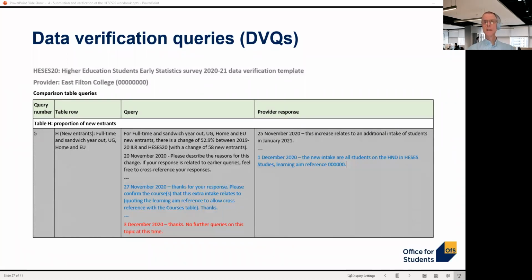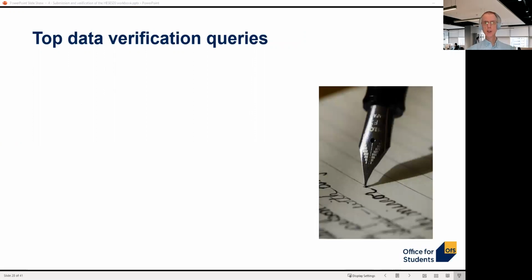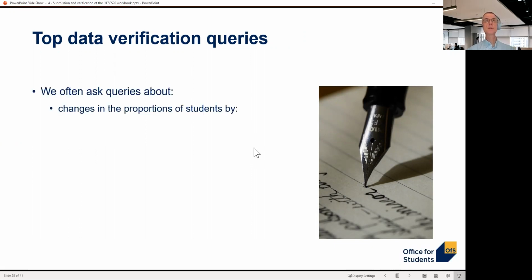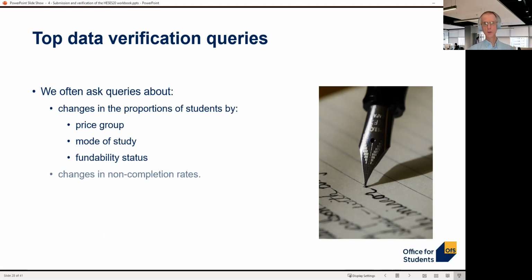So let's think about what the most common queries are. There are probably two categories here. Changes in the proportion of students by price group, mode of study, and fundability status are one of the top two, and the other one is probably changes in non-completion rates.